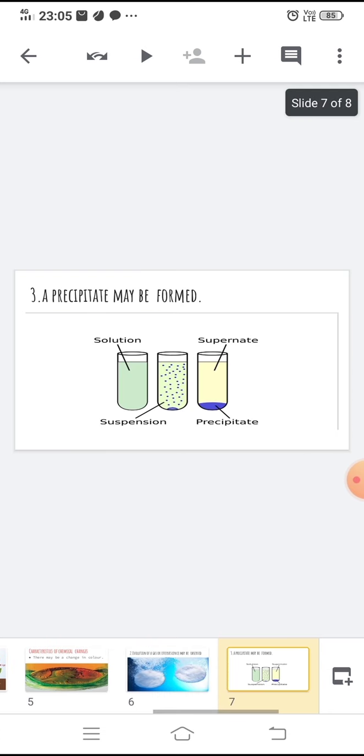Third one, a precipitate may be formed. In chemistry, a precipitate is an insoluble solid. A precipitate is a solid product which separates out from the solution during a chemical reaction.